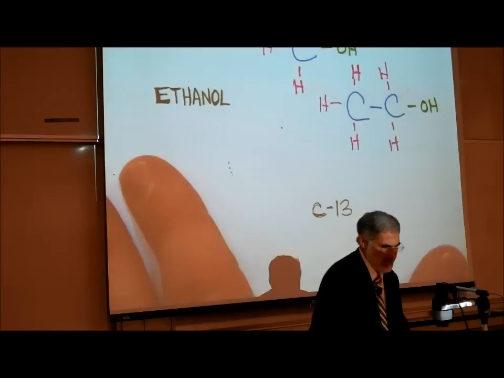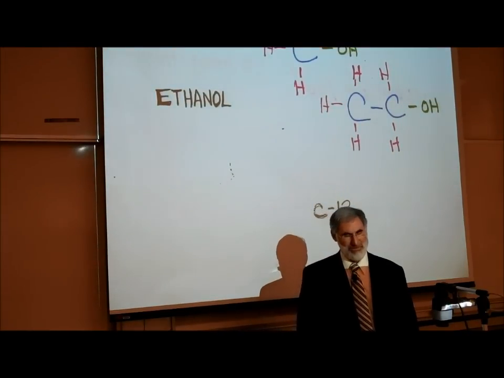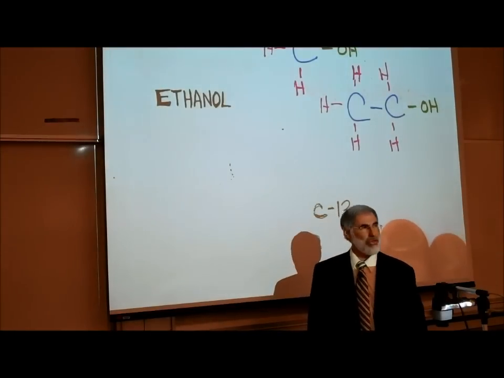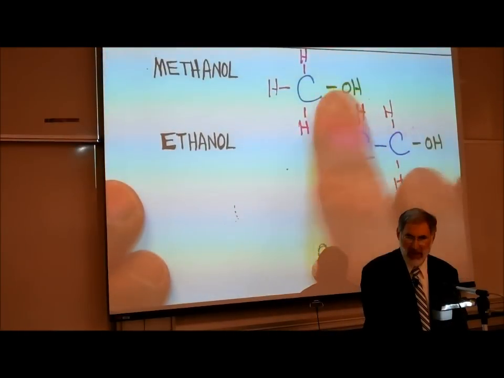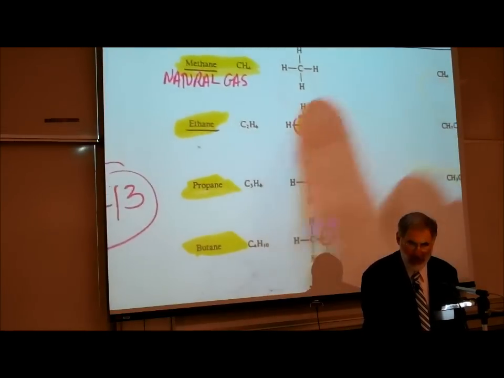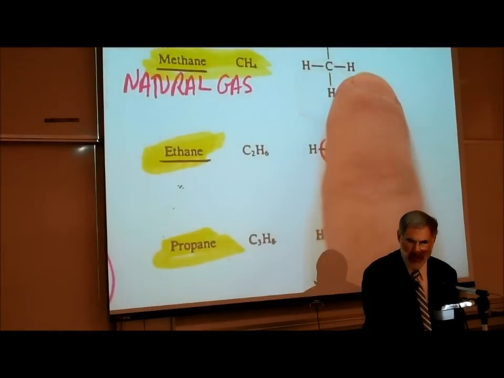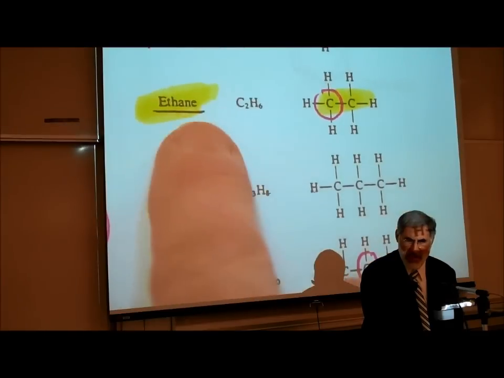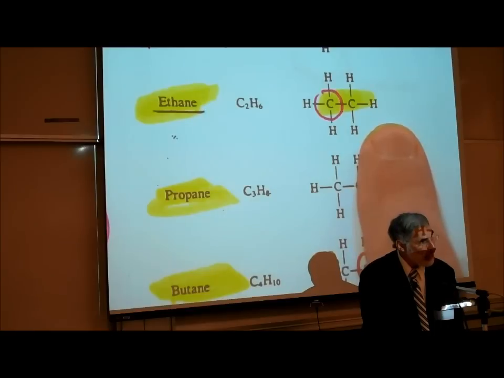Ethanol. You know ethanol better as booze, as scotch, as vodka. That's ethanol. Now, you'll notice that if you had methane and you substituted an OH, it went from methane to methanol. If you took ethane and you put an OH in place of one of these hydrogens, that's ethanol.